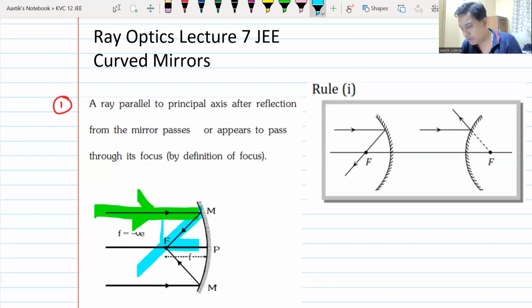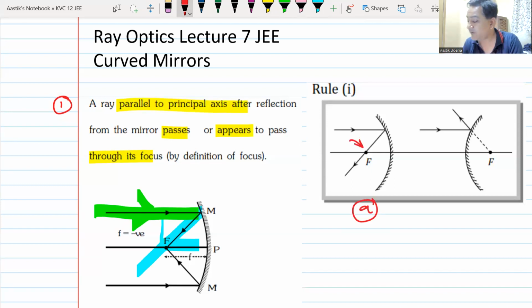If a ray is parallel to the principal axis, after reflection it will pass or appear to pass through the focus. It will pass through the focus in case of a concave mirror. As you can see, in case of a concave mirror, it is actually passing through the focus. In case of a convex mirror, which is case B, it is not actually passing through the focus.